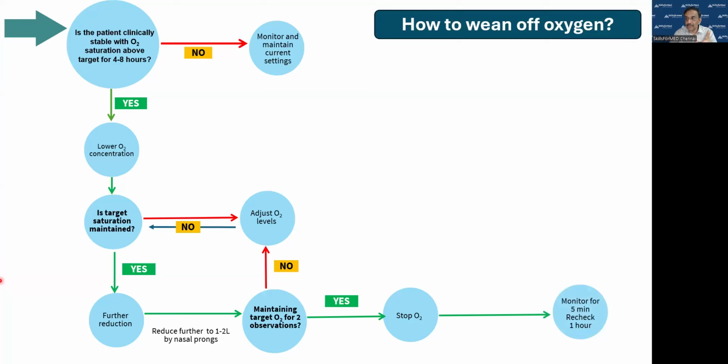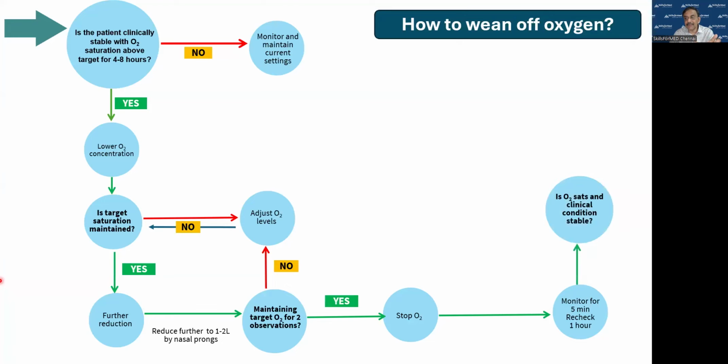And when you stop the oxygen, you put on the pulse oximeter and monitor it continuously for 5 minutes. If it is still normal, you discontinue it and then go back after 1 hour and recheck to see if the patient is able to maintain oxygenation at target level on room air.